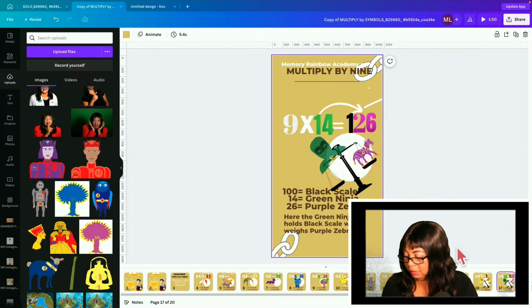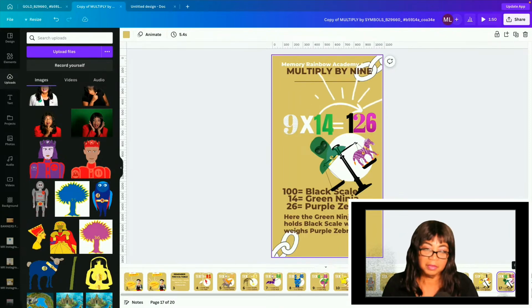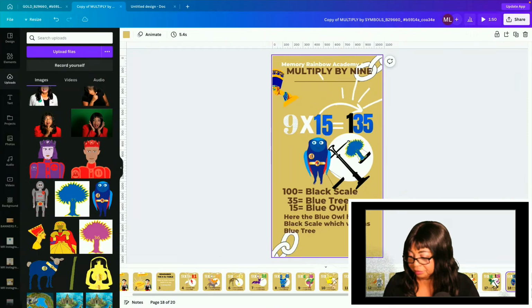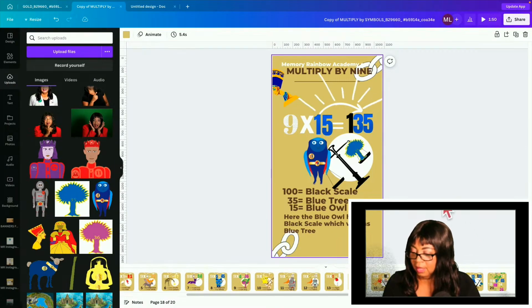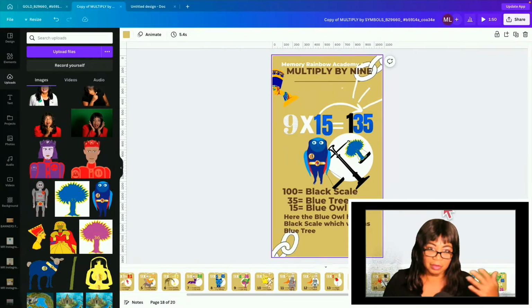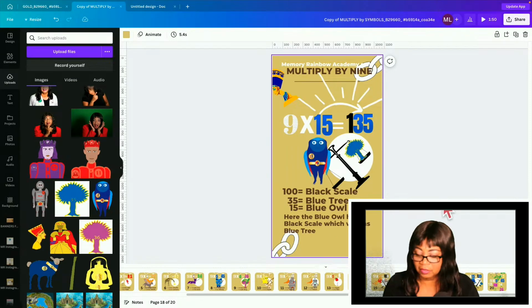Normally, I would never know what 9 times 14 is, except for the ninja, the scale of justice, and the zebra. Some of these will be very easy to remember because they're independent, even their colors are not repeated.